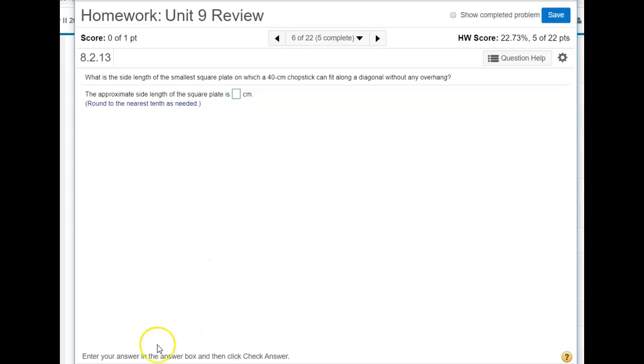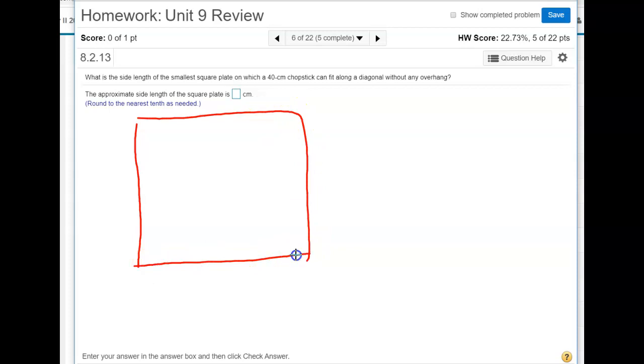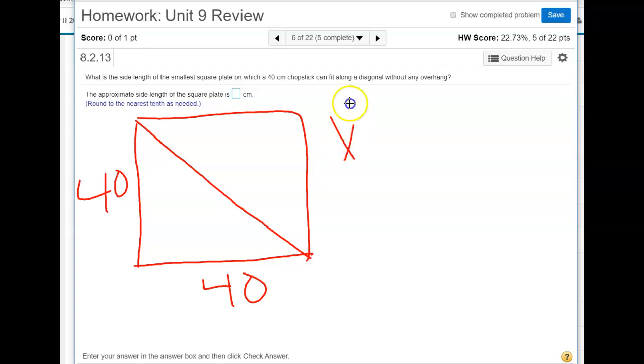This one says we have a square plate, and it tells us the side length is 40. So that means we've got 40 here and 40 here, and they're saying a chopstick can fit along the diagonal. Two ways we could do this. We could go and use Pythagorean's theorem. If you did that, you would have x squared equals 40 squared plus 40 squared.